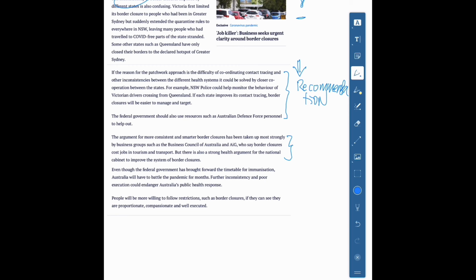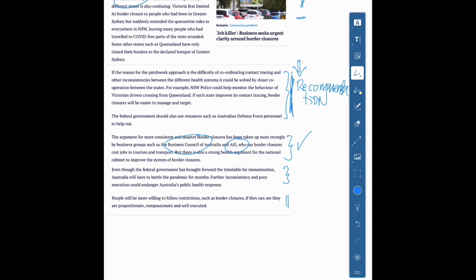So these two paragraphs are directly from the author, but this one is from the Business Council of Australia and AIG. And later here is again the emphasis of the recommendations. Now, the last sentence here is the closure.